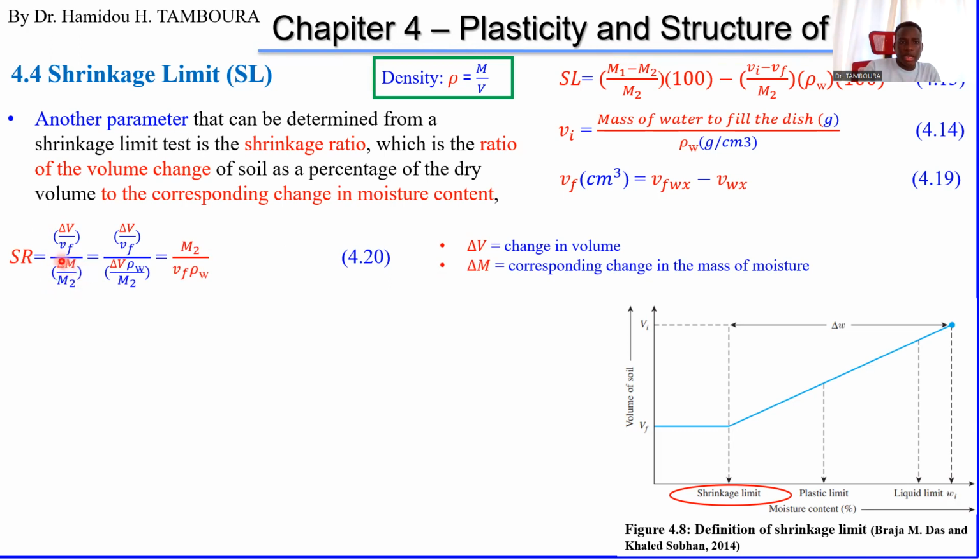And for this, delta M can be obtained by using delta V and the density of water, from this formula: M equals density multiplied by volume.